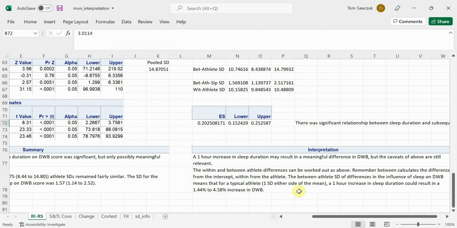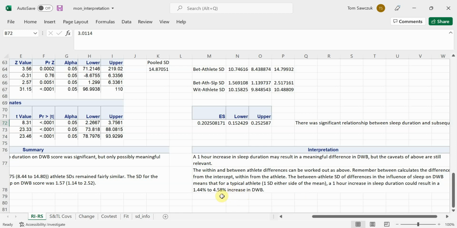So any athlete who does not experience a 1.44% increase, so is less than that, could be considered a low responder to sleep. And this could affect the way that you look at their wellness information, because it may well be that in response to an increase in sleep, their wellness doesn't shoot up in the same way that you would expect.